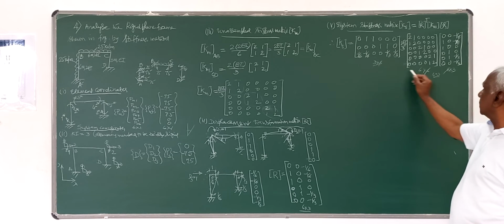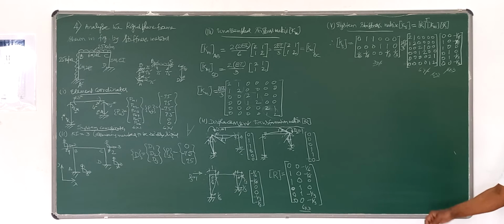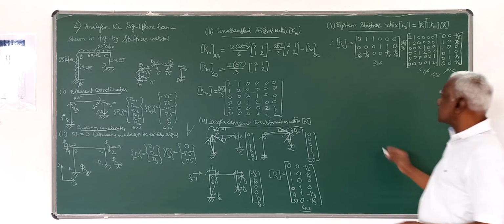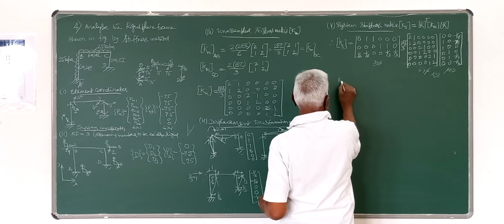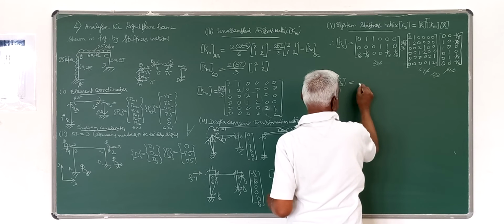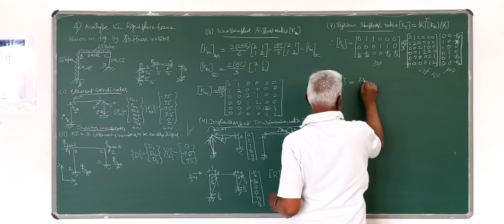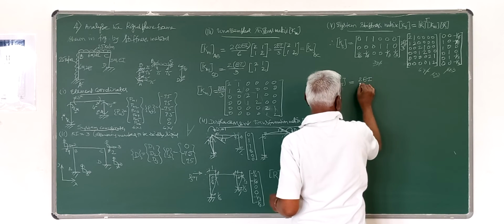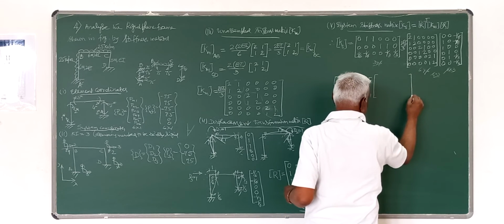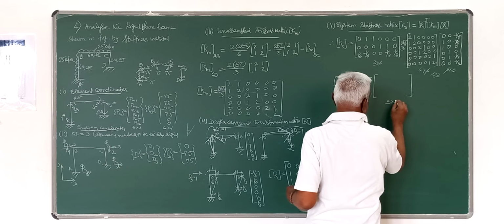Here again the column is equal to the row, so the resulting matrix will be a 3 by 3 matrix. That is your Ks. So if you perform this multiplication of matrices, you will get this Ks, 2EI by 3 into a 3 by 3 matrix.